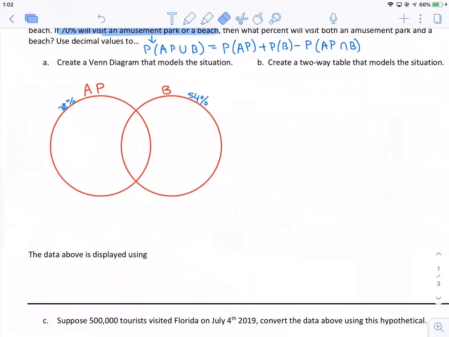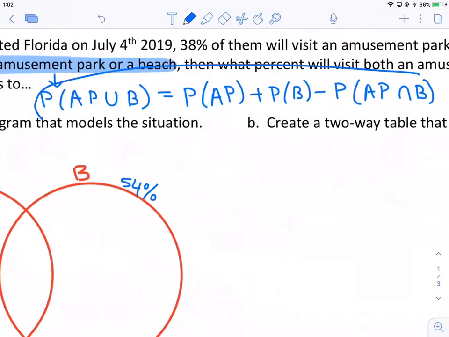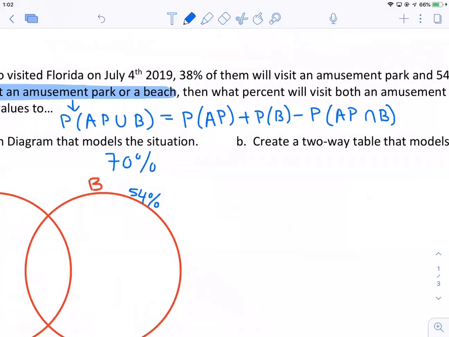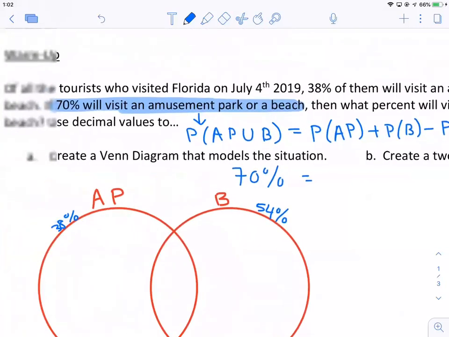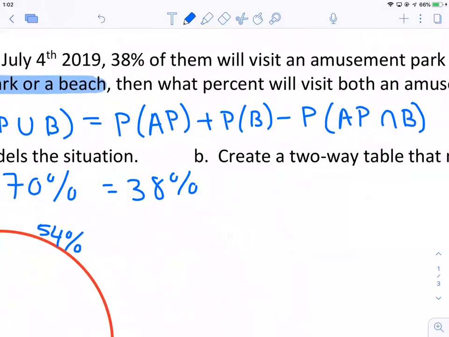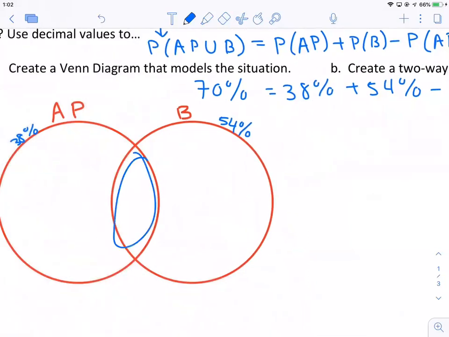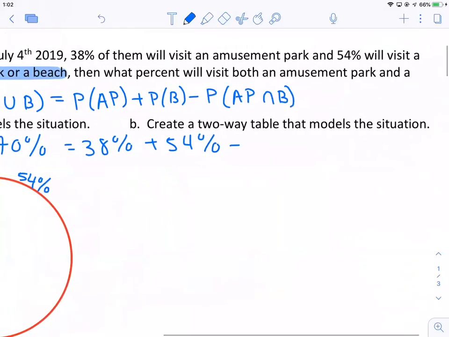So I can figure out that using this formula here, right, that 70%, that's the probability that people go to amusement park or beach, is going to equal, well, 38% probability of someone going to amusement park plus 54% probability of someone going to the beach minus, well, isn't that what we're looking for? The probability of amusement park and beach.